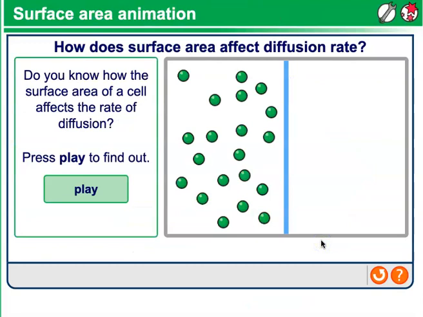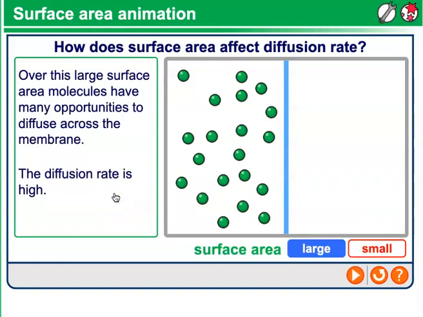So let's look at an animation to help understand this. How does the surface area affect the diffusion rate? Do you know how the surface area of a cell affects the rate of diffusion? Over this large surface area, molecules have many opportunities to diffuse across the membrane.